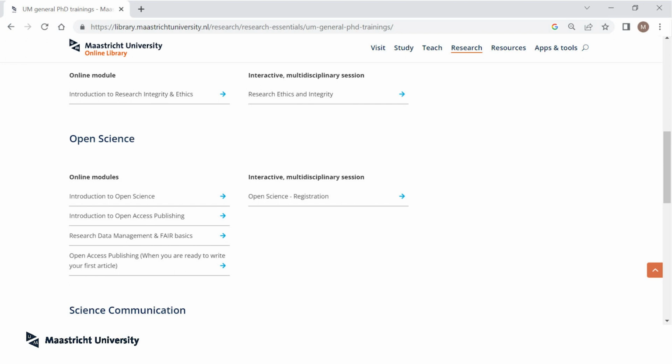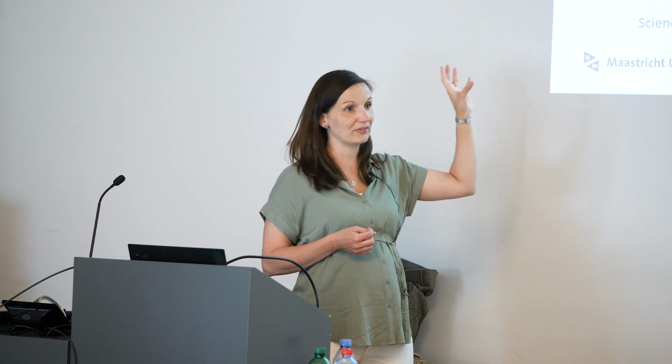So open science is really an important part of that, enabling us to say, okay, if you leave Maastricht University with a PhD degree, then no matter what your discipline is, you have this basic set of knowledge and skills about open science.